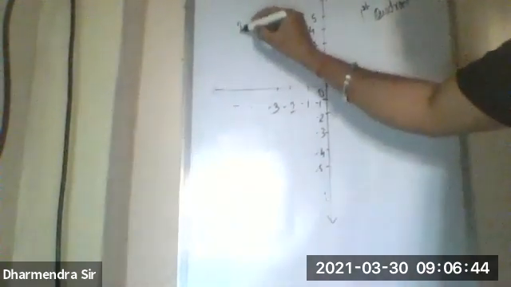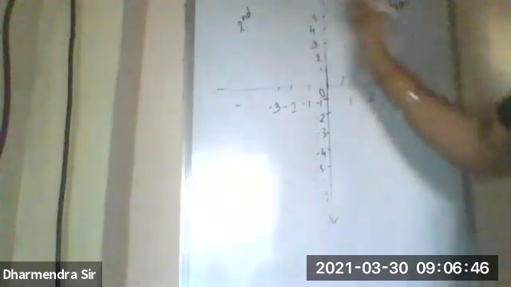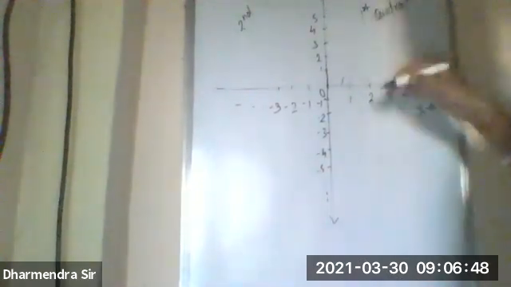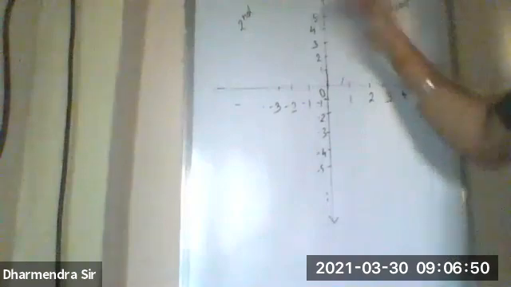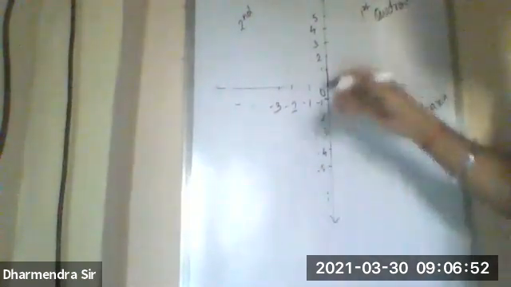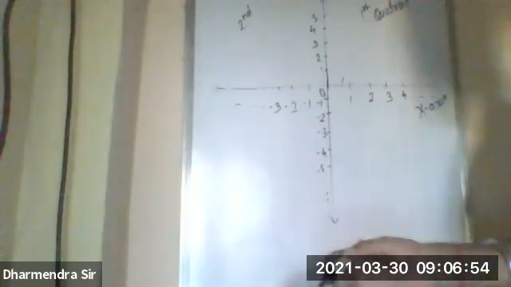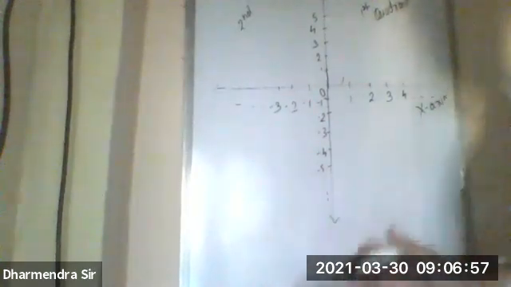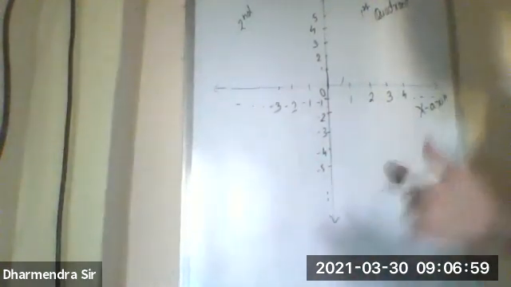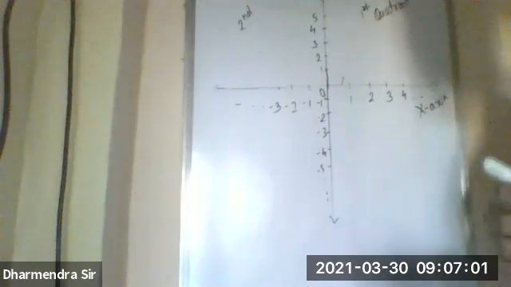This is called moving anti-clockwise. If I write first, second, that is clockwise, and I'm writing anti-clockwise, and this is the standard form which you have to follow, and you have to remember it throughout. Whatever we are studying right now is important from a higher standard point of view also.